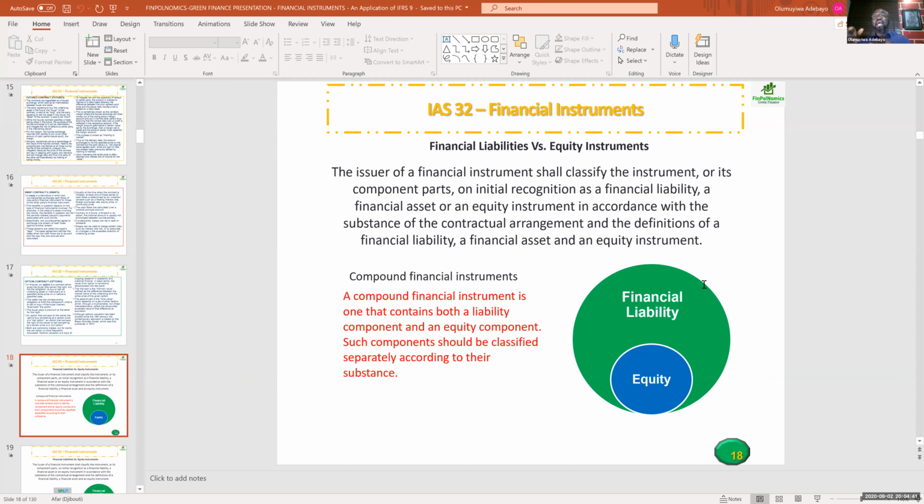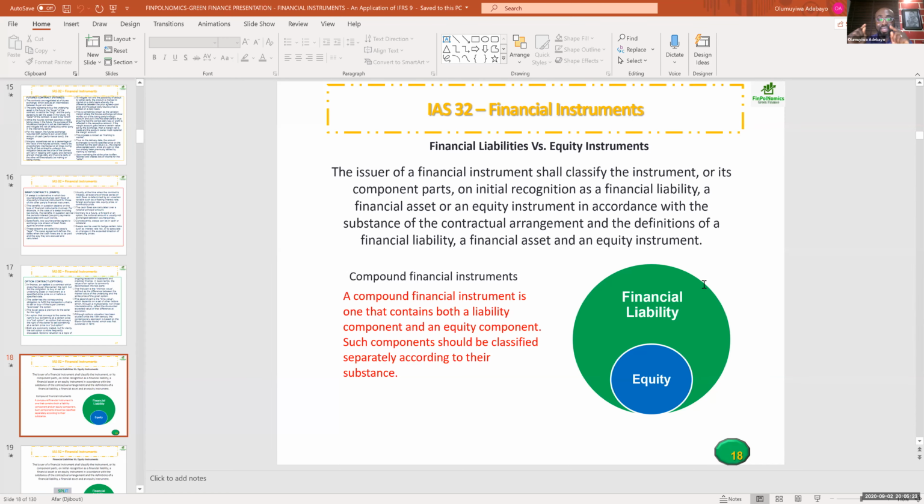One of the features is that as at the point of entering into that contract, which means upon initial recognition, when both parties are committed to that contract, the conversion rate, that is, the ratio at which they will convert the debt to equity, has been predetermined and is regarded to be fixed. Okay, if that is the case, such a convertible security will be considered a compound instrument.